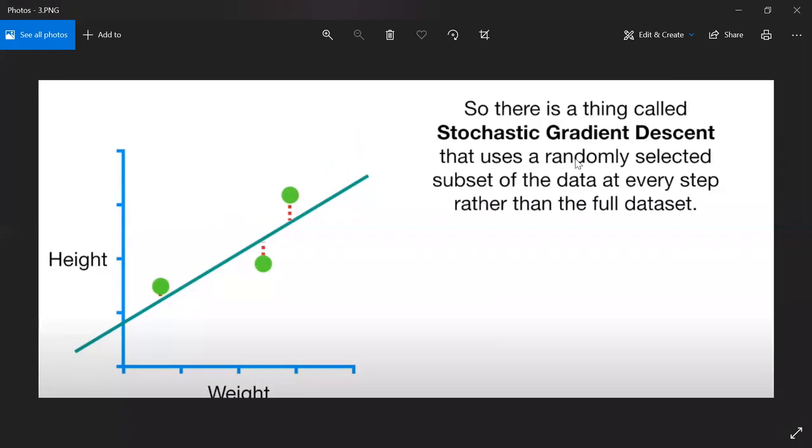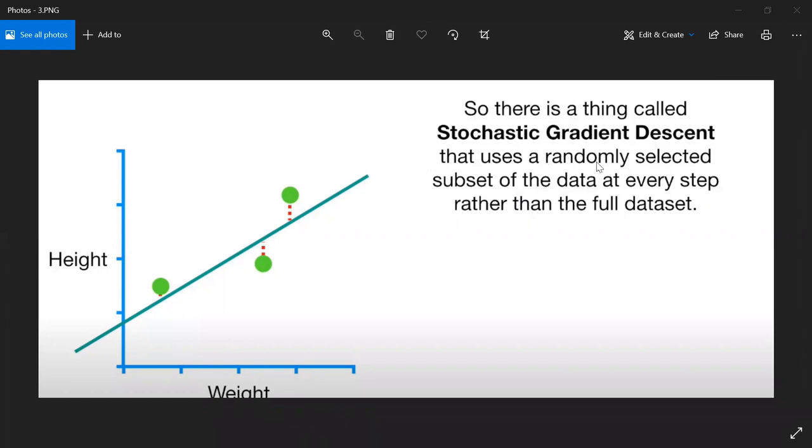So there is a thing called stochastic gradient descent. I hope you understand, guys. When you have fewer data points, gradient descent will work. But when you have more data points, gradient descent is very slow. So that's why we introduce a concept called stochastic gradient descent. What exactly does it do?